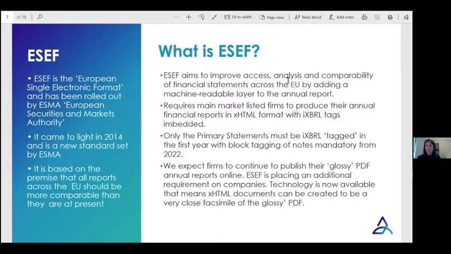So no notes for the first 2 years, and then we'll move to block tagging of notes in 2022. But you must tag all numbers in those primary statements. So for other iXBRL tagging, like the HMRC tagging, sometimes, if there's no tag that fits very well, then you can just leave it. For ESEF, you must tag every number in those primary statements.